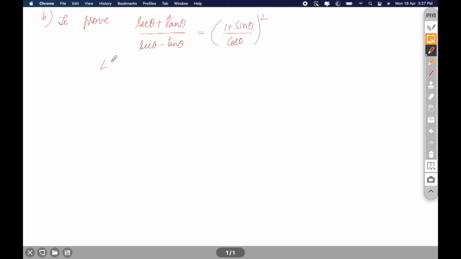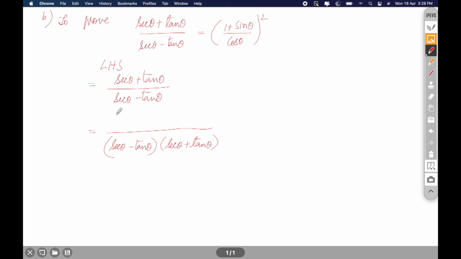Let us proceed with the left hand side. So we have sec theta plus tan theta divided by sec theta minus tan theta given. If we multiply the denominator with its conjugate, we will have sec theta minus tan theta into sec theta plus tan theta in the denominator. So we have to multiply by the same factor in the numerator also.